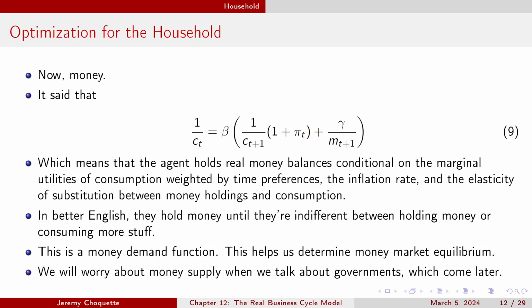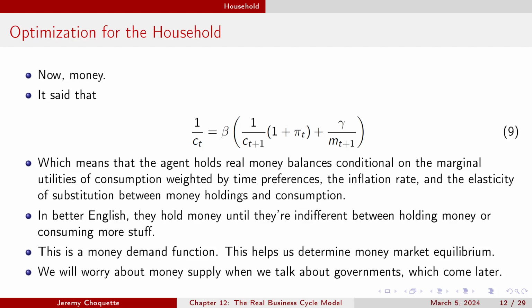MT plus 1 gets chosen today. The money holdings themselves, think of this as like having money in your savings account. You like to have some real money balances in your savings account that you can fall back on for a rainy day fund. That's basically what MT plus 1 is here.